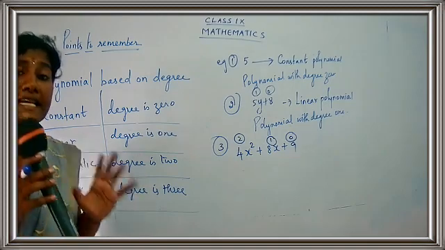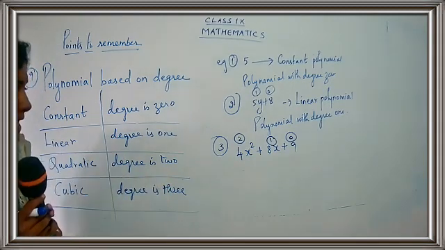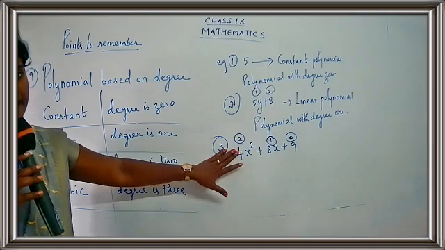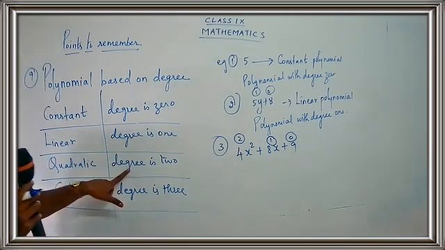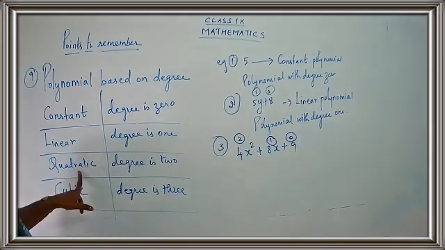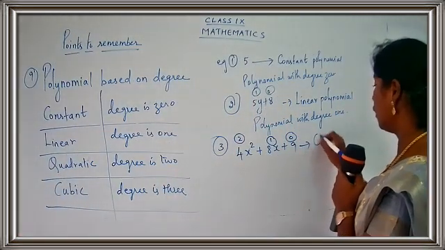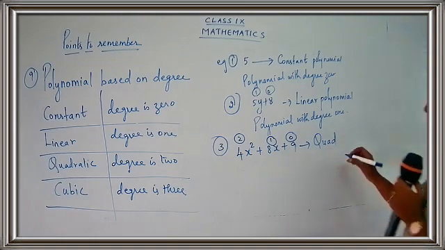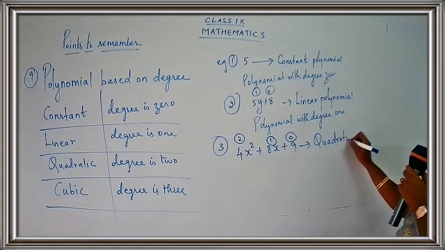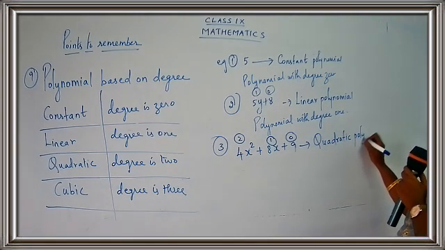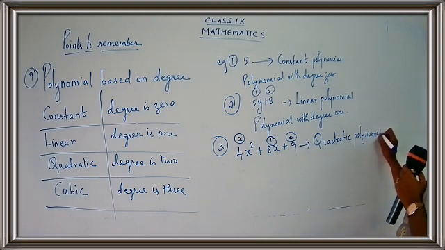Degree is the highest power. So if the degree is 2, it is called a quadratic polynomial. Just mention here, this is a quadratic polynomial. Quad, Q-U-A-D, quadratic, R-A-T-I-C, quadratic polynomial.